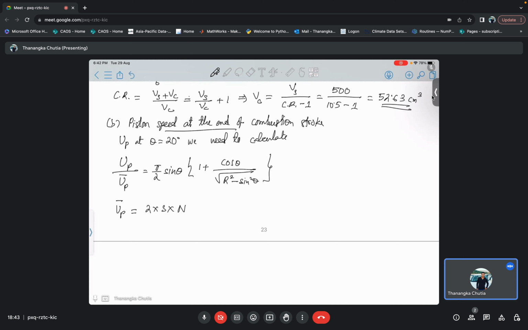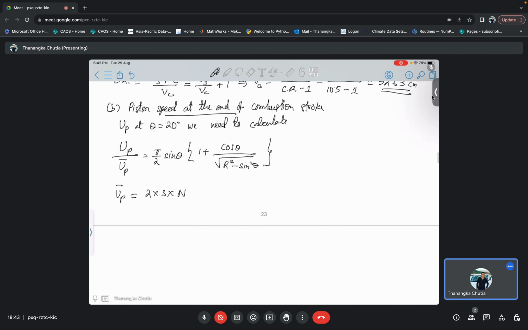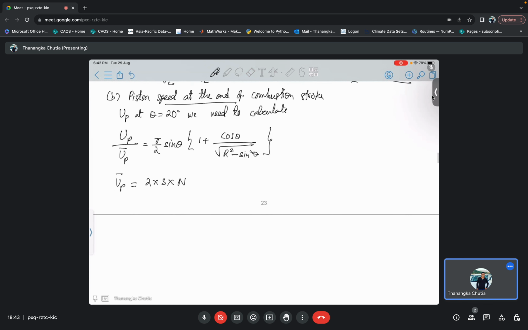For s, remember your Vs is equal to pi by 4 into b square into s, and since here b is equal to s, that is equal to pi by 4 into b cube. And Vs, your swept volume, is 500 centimeter cube.